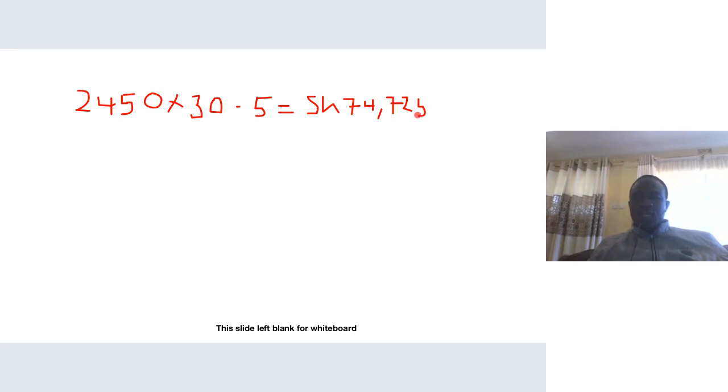So that is the historical cost that Njoki is supposed to pay. So that is how we find that.